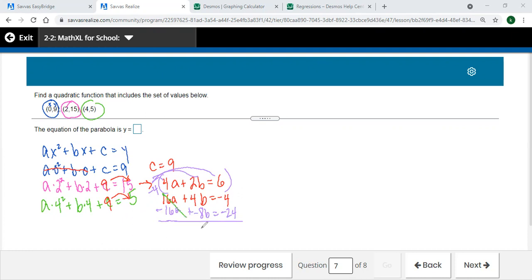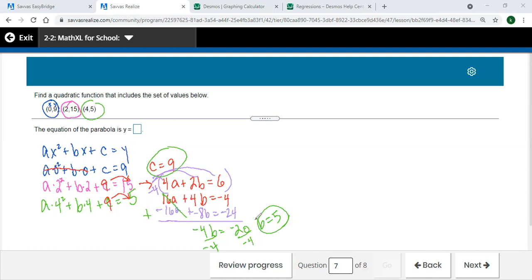So when I combine these two equations, those a's cancel. I'm adding them together. Positive 16, negative 16 cancel. 4b and negative 8b is negative 4b, and then negative 20. So now I got b equals, if you divide by the negative 4, that's a 5. So I've got my c was 9, my b was 5.